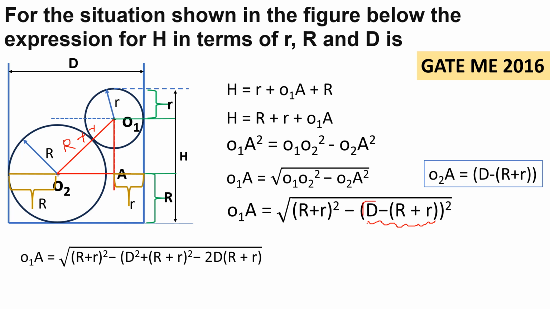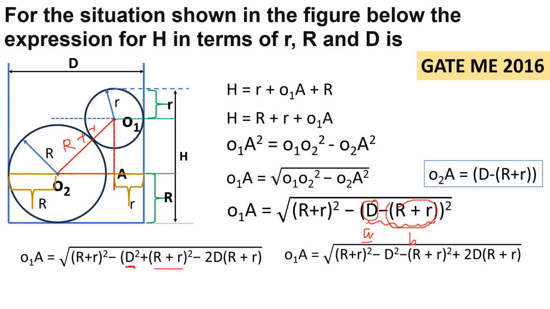Let's consider this is A and this is B. So now this is A minus B whole square, that is A square which is D square, plus B square that is R plus r whole square, minus 2AB which means minus 2D into R plus r.